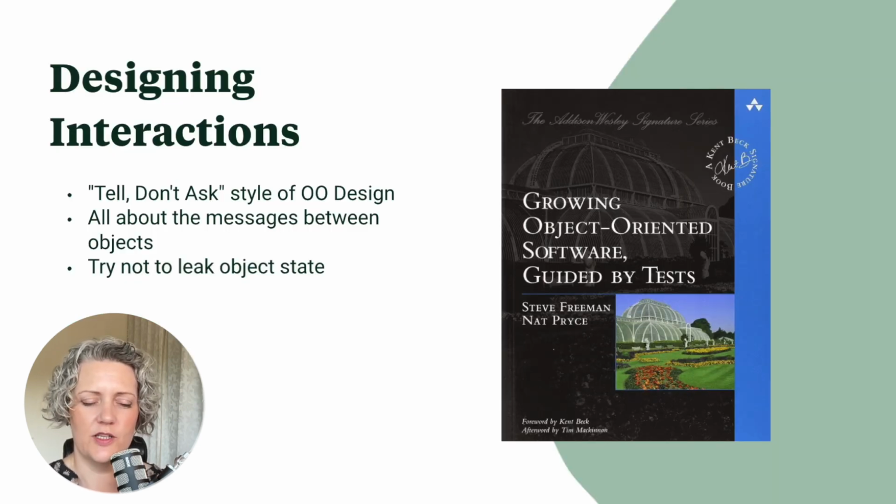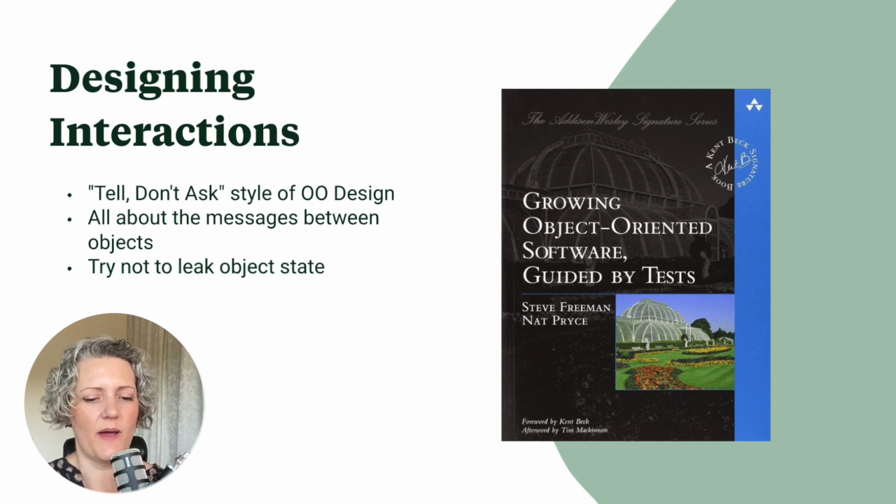Mocks are commonly used when you're doing a particular style of test-driven development, which was exemplified in this book, Growing Object-Oriented Software Guided by Tests, where Steve Freeman and Nat Pryce explain their approach to test-driven development with most of the book being this huge worked example that has inspired this auction test design kata. And the kind of OO design that they do, you could characterize it as tell, don't ask. It's all about telling objects to do things, not asking them for their data.